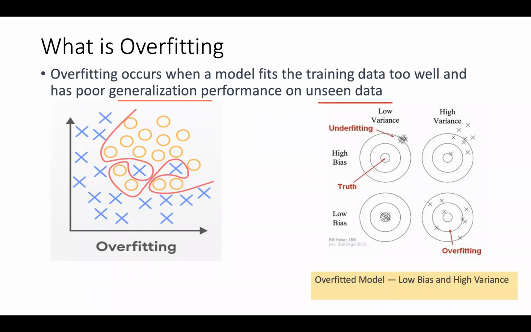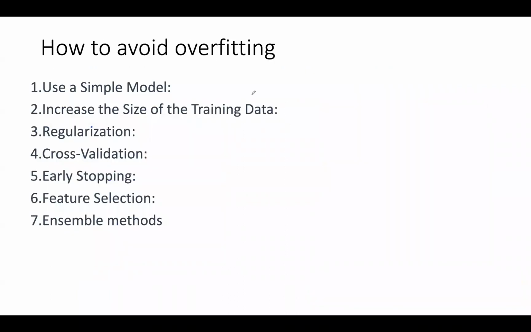So how do we avoid overfitting? Using a simpler model, meaning having less capacity to fit the data, can help to mitigate overfitting. Also, having a large training set provides more information for your model to learn from and can help prevent overfitting.